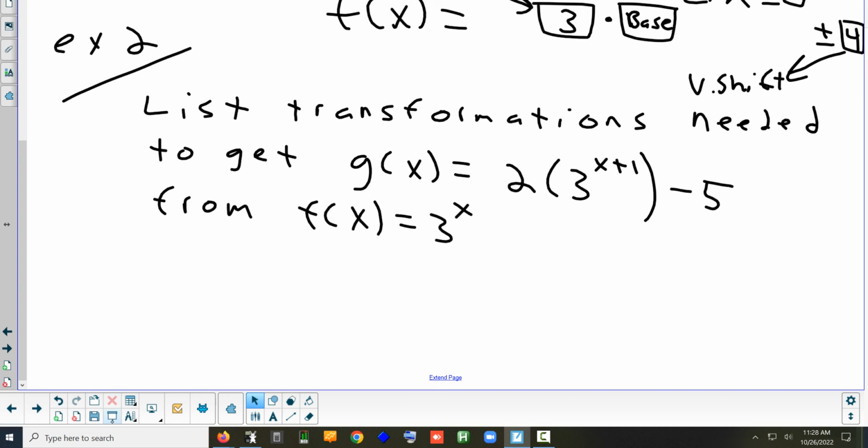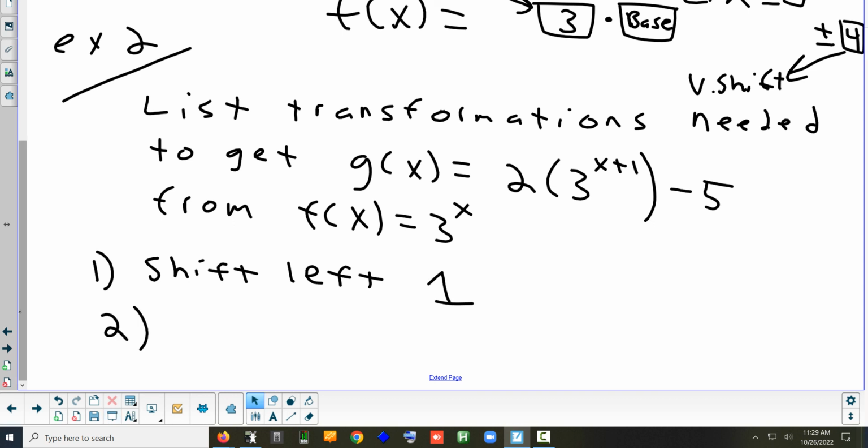There is no horizontal stretch or compression in this one, but the other 3 are present. What would be the first transformation you would do? The plus 1, and what would it do? Yep, shift one left. That's going to shift left 1. Okay, what's the second thing you would do?